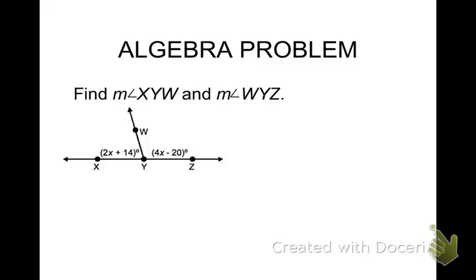So what am I going to do with my two supplementary angles? Add them and equal it to 180 degrees, right? All right, so let's do that. So the left angle gives us the expression 2x plus 14. The right angle gives us the expression 4x minus 20. So we're going to add those together and equal it to 180 degrees.